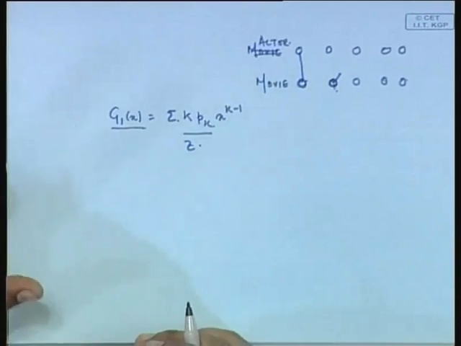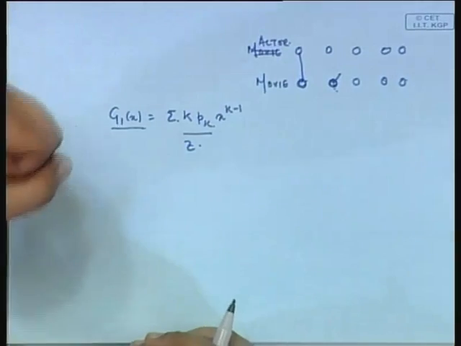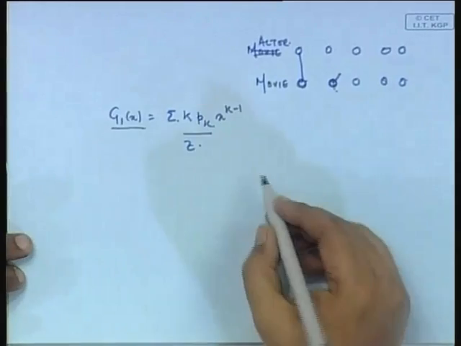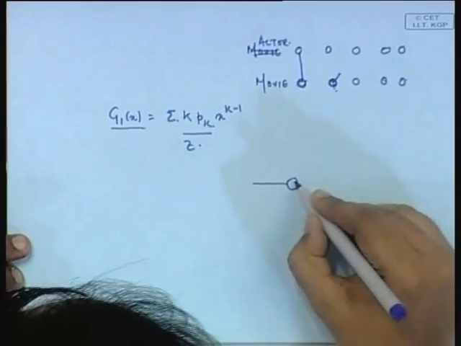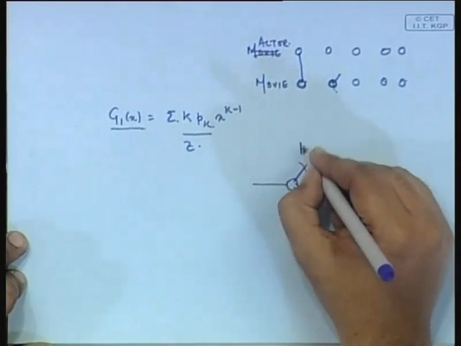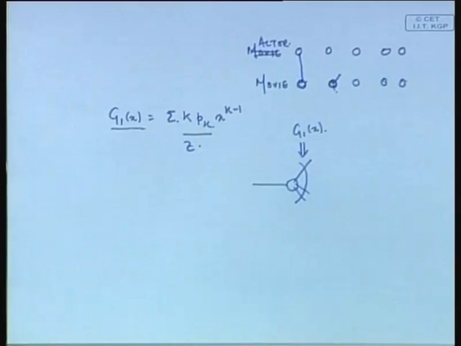G1 x was showing that if you come from a random edge to a node, then what is the outgoing degree distribution of that node. So you have a random edge, you come to a node and you want to know its outgoing degree distribution, and that was characterized by G1 x.